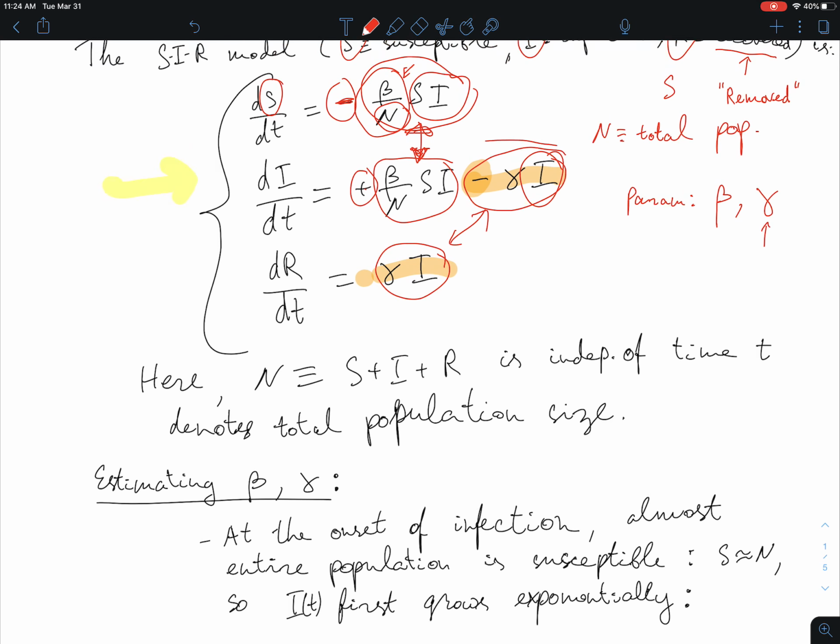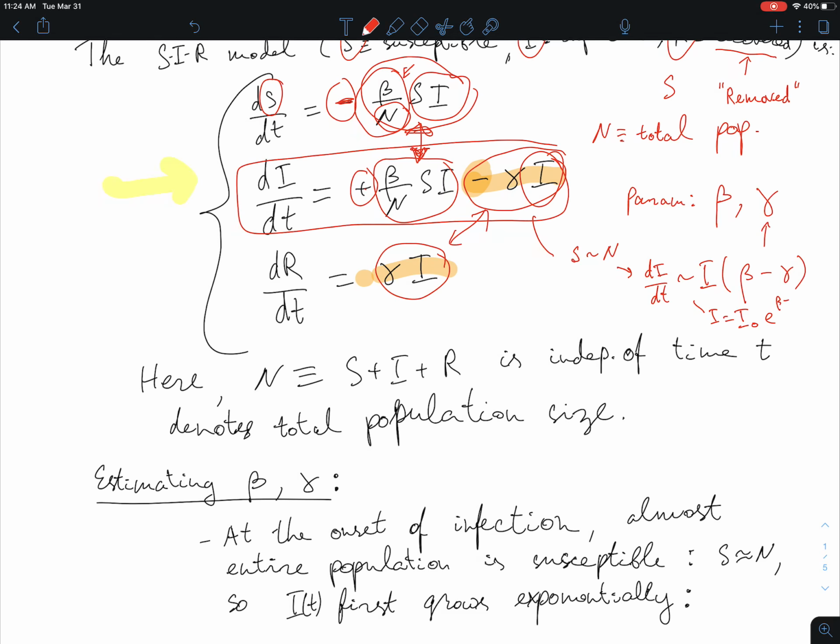And the reason for that is because if you look at the equation for the infected, essentially at the starting point, S is roughly proportional to N. In other words, everybody is susceptible. And so this equation becomes dI/dt looks like I times (beta minus gamma). And this is the exponential growth. The solution is, of course, e to the (beta minus gamma) times t.